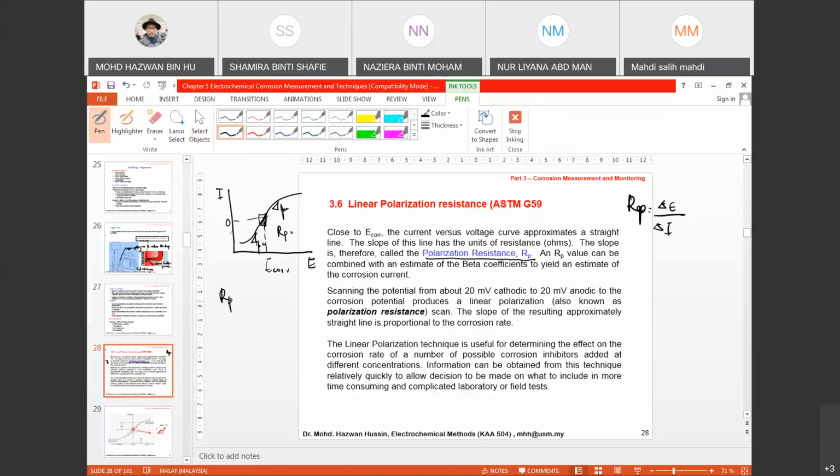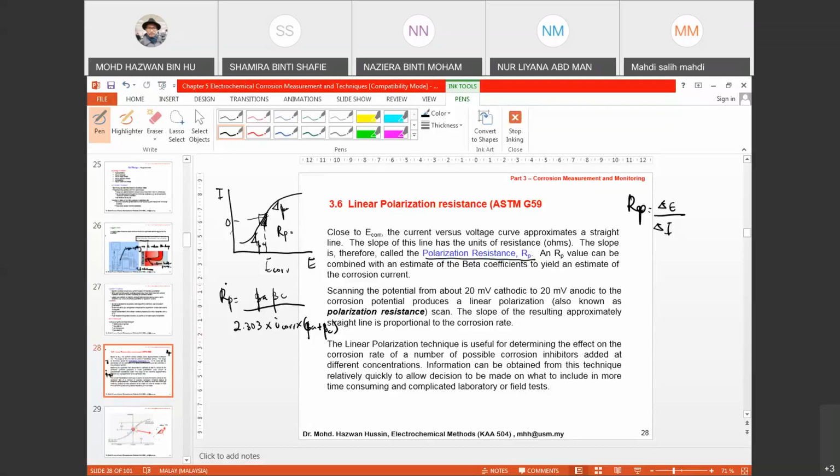Rp is equal to beta A multiplied by beta C over 2.303 times I corr times beta A plus beta C. This is the formula to calculate Rp with a correlation to I corr.